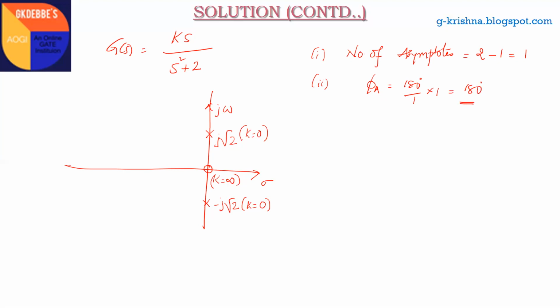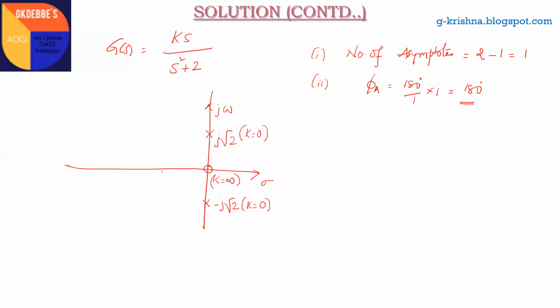Now the root locus on the real axis. If you select any point between 0 to plus infinity, on the right hand side the number of open loop poles and zeros is 0, which is an even multiple, therefore the root locus doesn't lie on the positive real axis. If you select any point between 0 to minus infinity, on the right hand side the number of open loop poles and zeros is 2 plus 1, that is 3, an odd multiple.